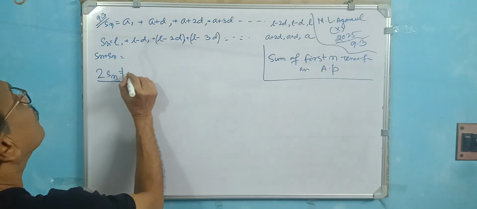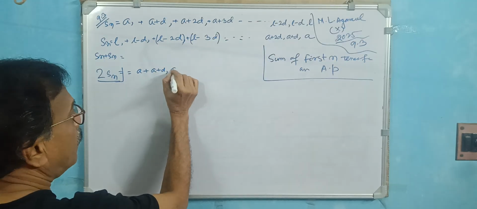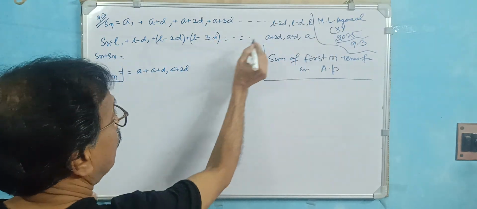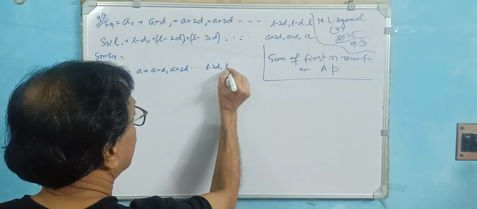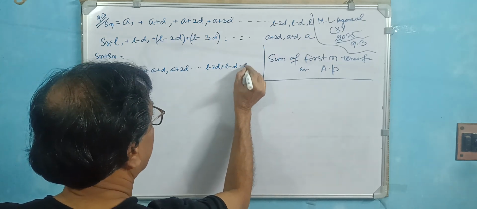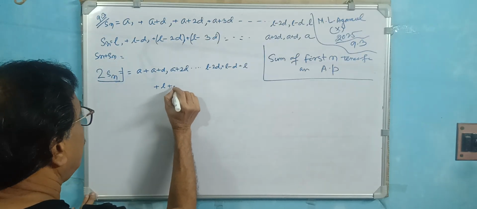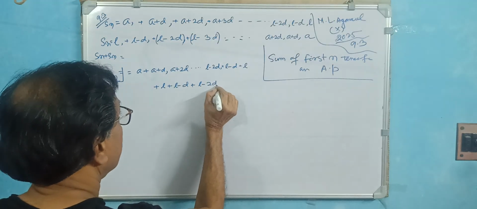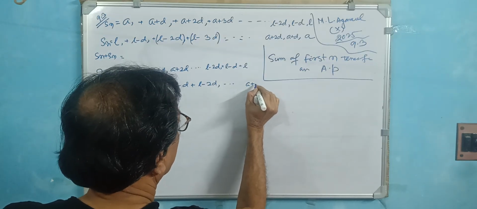Now we add: this is equal to A plus L, plus A plus D plus L minus D, plus A plus 2D plus L minus 2D, and so on.